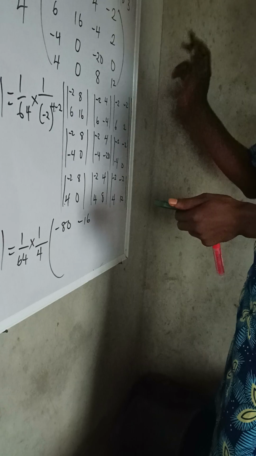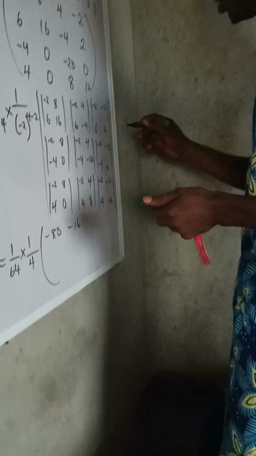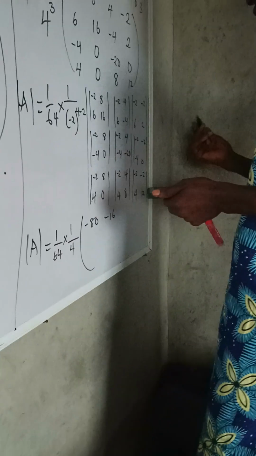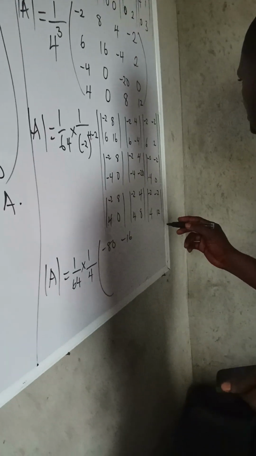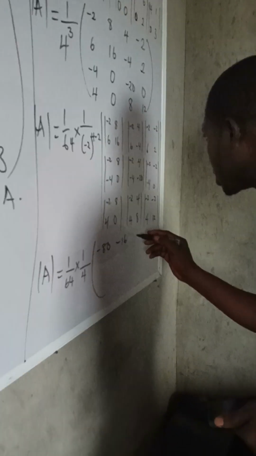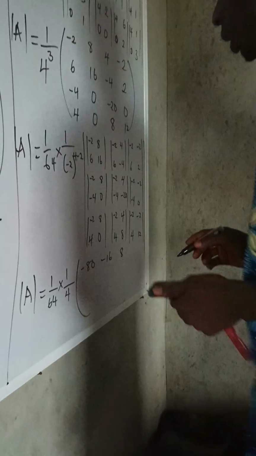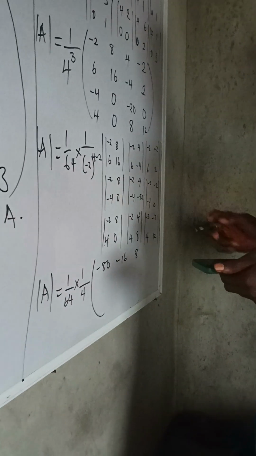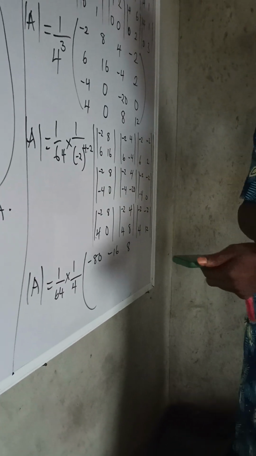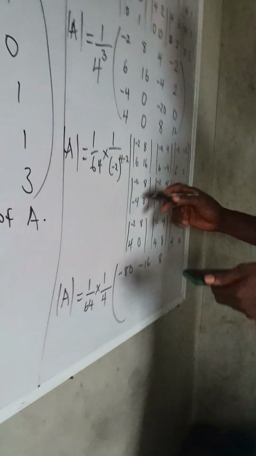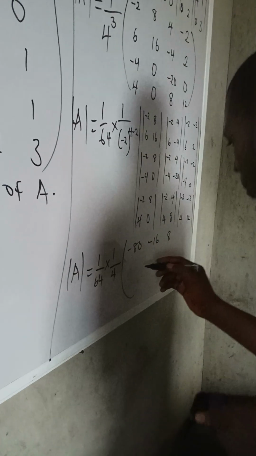Then minus times minus is going to give us plus. So we have minus 4 plus 12. That's going to give us 8. Okay. And then for this one, we have minus 2 times 0. It's going to give us 0. Then we have 4 times 8. That's going to give us 32.